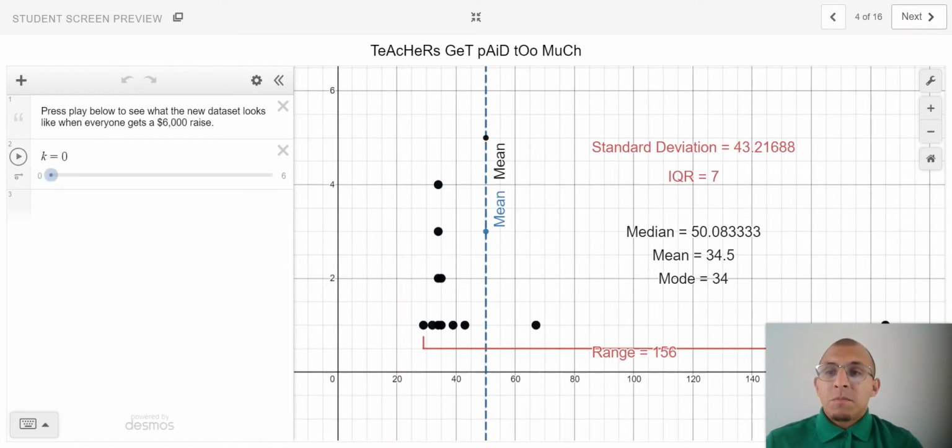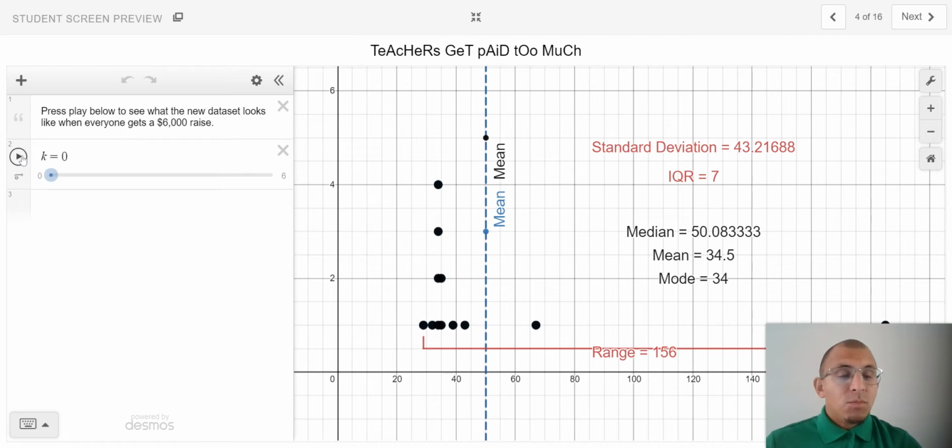In this screen here, we have our original data set and our dot plot values graphed accordingly, frequency on the left-hand side. And we have our original descriptive statistics: standard deviation, interquartile range, median, mean, and mode.